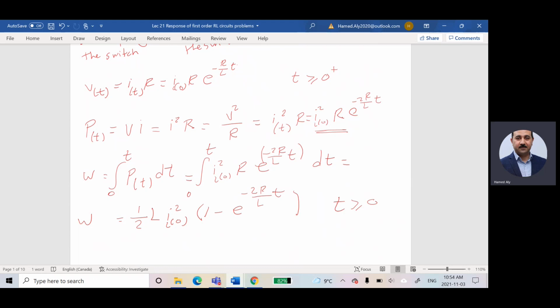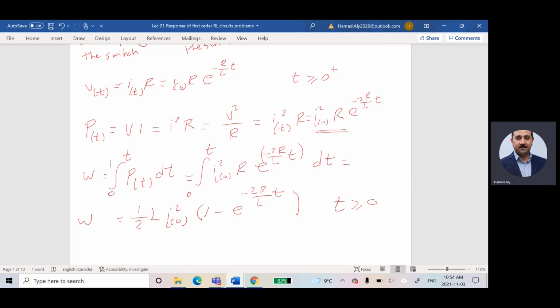But here the equation is giving me a certain value. This is at infinity. The switch is already moved. It's not logical. But the equation is giving me the initial energy.